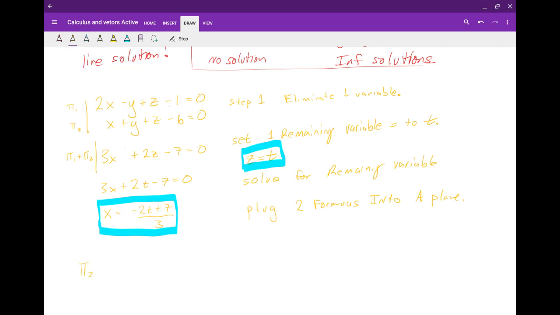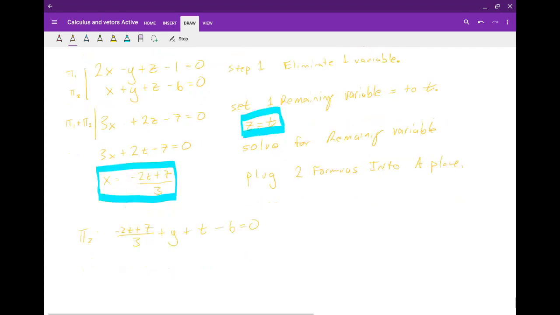Plane 2: x, which is negative 2t plus 7 over 3, plus y, plus z, but remember z is t, minus 6 equals 0.